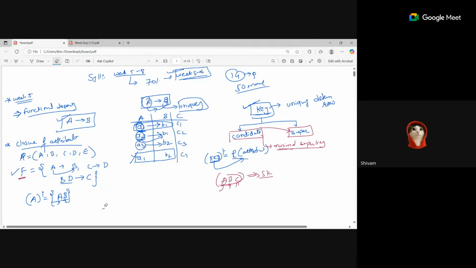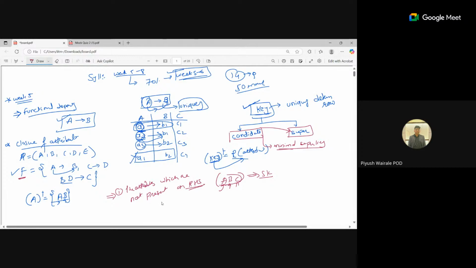So what we do first, we always go with this particular method. First, always try to find the attributes which are not present on the right hand side of any functional dependency.